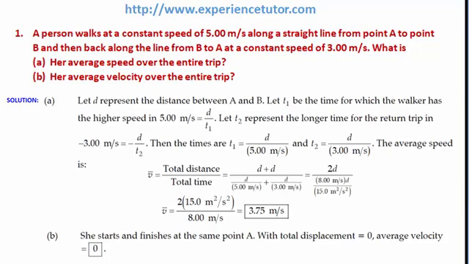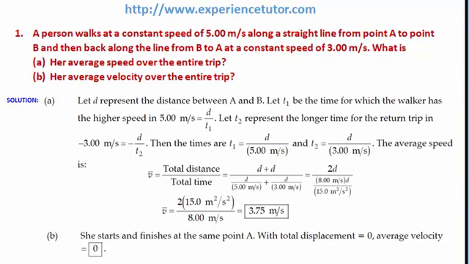Here we need to find out the average speed. So total distance upon total time taken. Total distance is d plus d, upon total time taken, which is d upon 5 plus d upon 3. So 2d upon 8d upon 15.